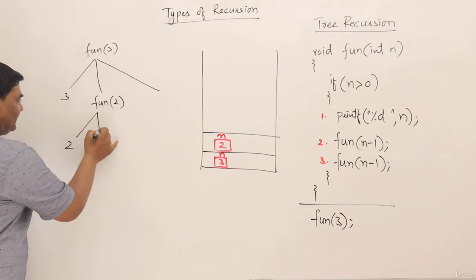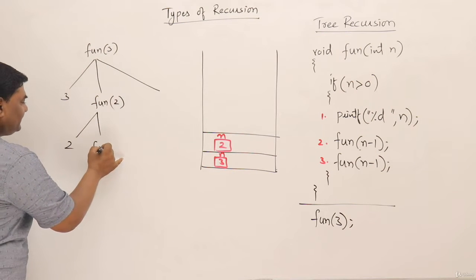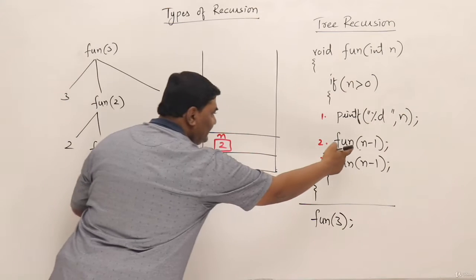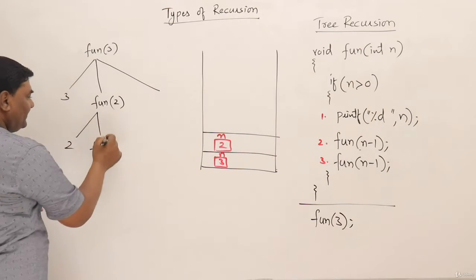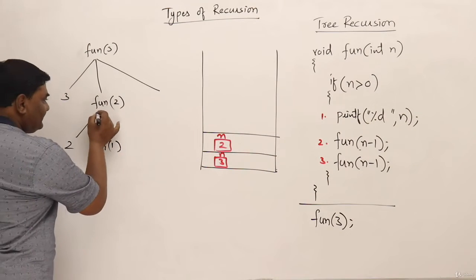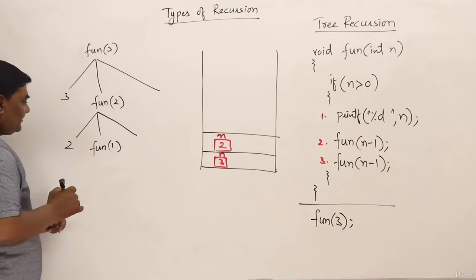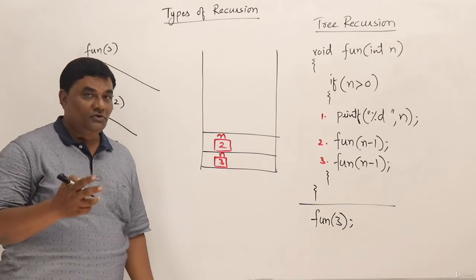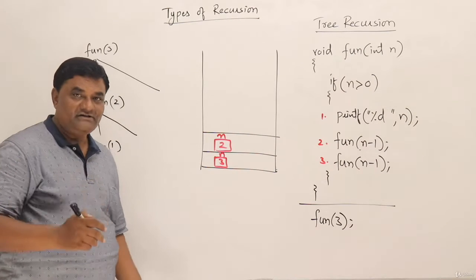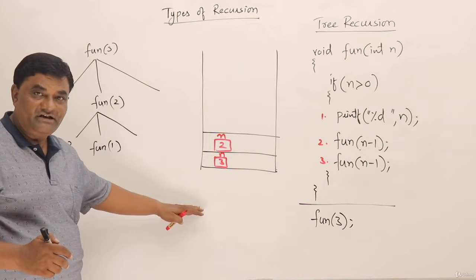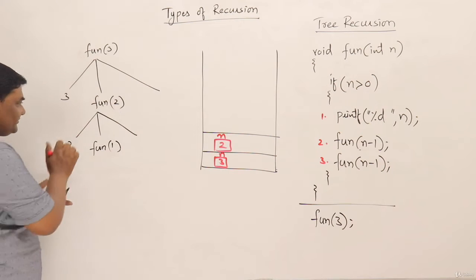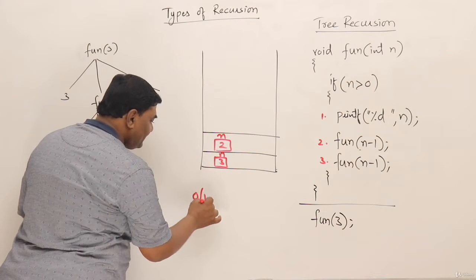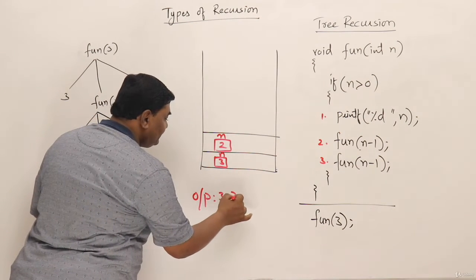Print 2 and make 1 call with n-1, so 2 minus 1, 1. Then the second call it will make after finishing this one. So far we have 2 values printed, so I'll also write the output here. The output of the function so far is 3 and 2.